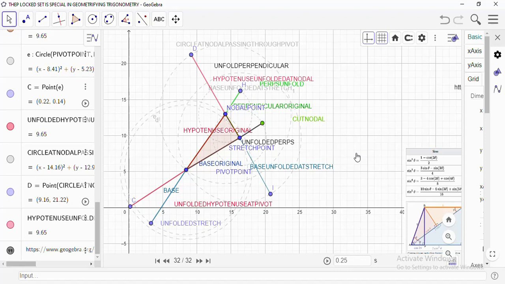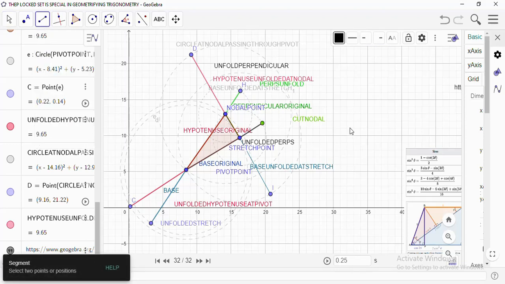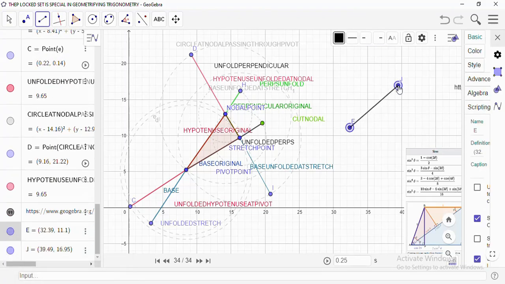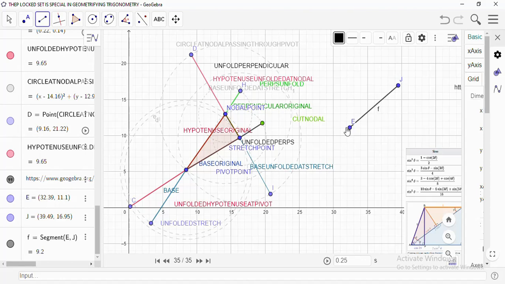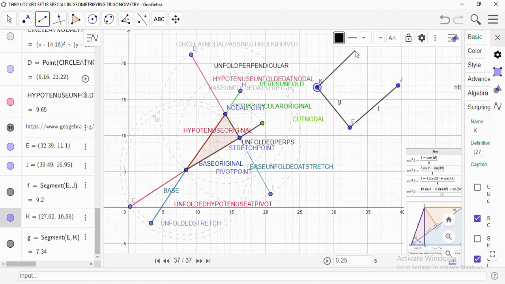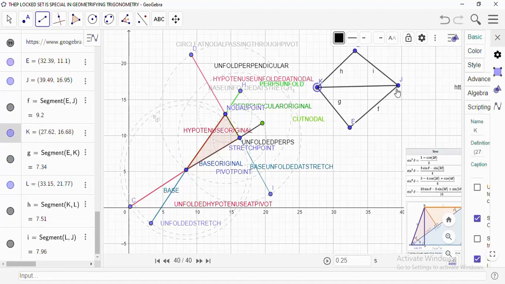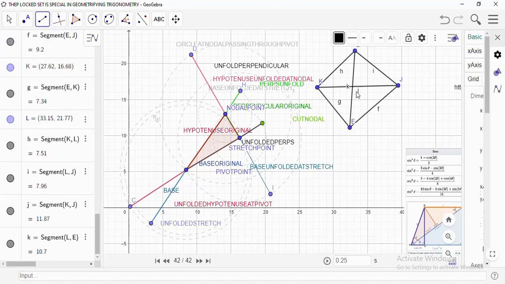Now we are trying to give a simple brief about THEP arrangement systems. THEP stands for Thales, Hipparchus, Euclid, Pythagoras before Ptolemy. These are special kinds of line segments, special kinds of locked sets you can think of, where some arbitrary lines are taken which are important for some geometric or topological analysis, because these kinds of line segments are sometimes giving deeper theorems.